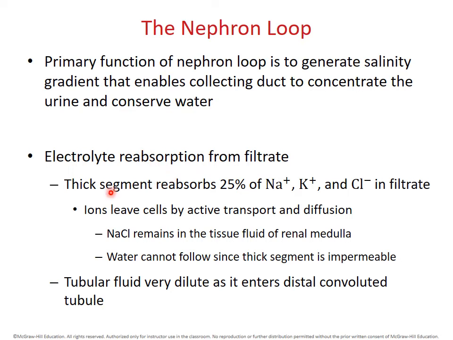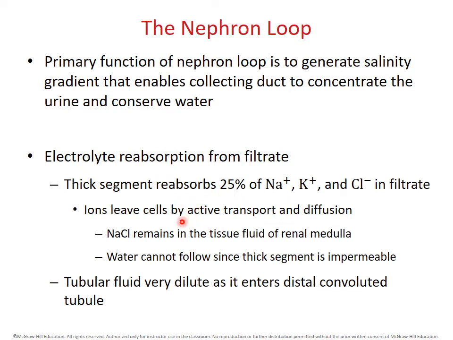Remember, the loop of Henle has a thick segment and a thin segment. The thick segment pulls sodium, potassium, and chloride ions out of the tubular fluid by active transport. It's a pump.